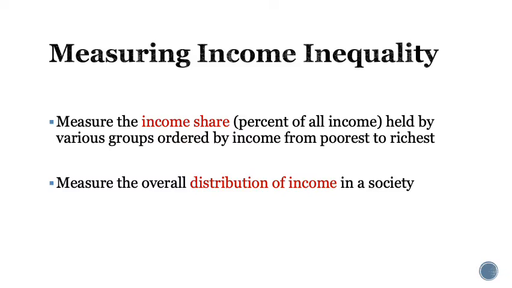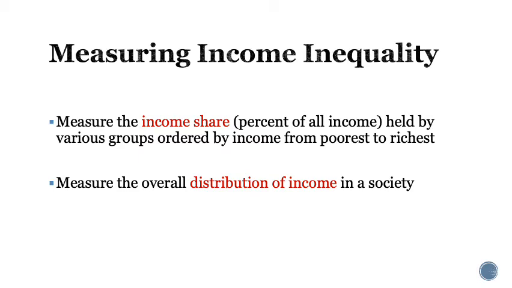So, while recognizing that these various types of inequality exist and are important to think about, this chapter focuses narrowly on income and wealth inequalities. The two most common metrics used to measure such income inequalities are, first, to measure the income share, the percentage of all income held by various groups ordered by income from poorest to richest, right?